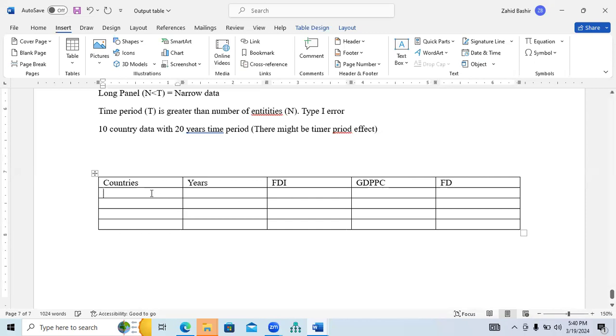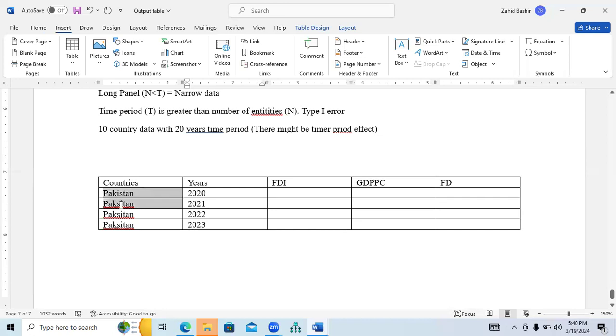So let's suppose my country is repeating in each year, like Pakistan, again Pakistan, again Pakistan, again Pakistan. In the year, for example, 2020, 2021, 2022, and 2023.